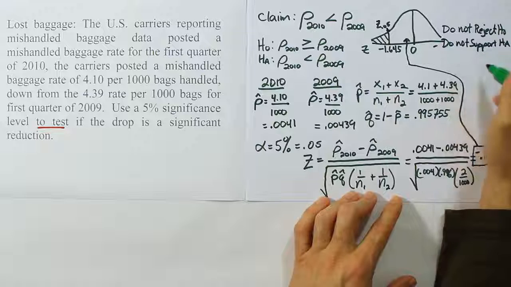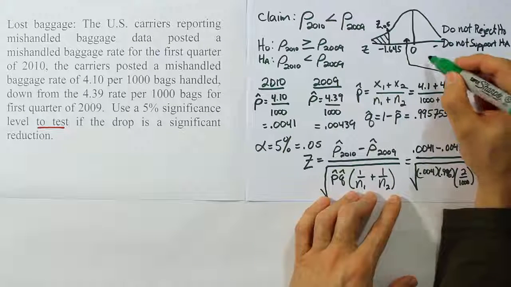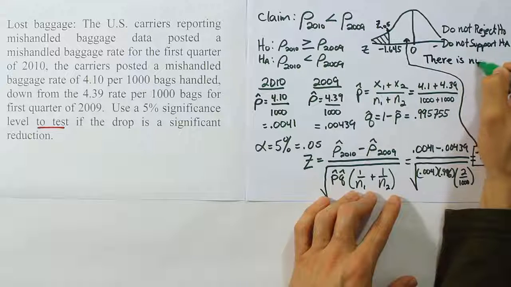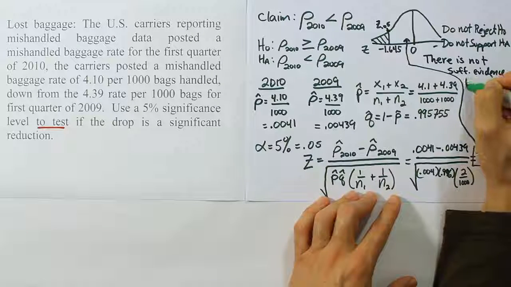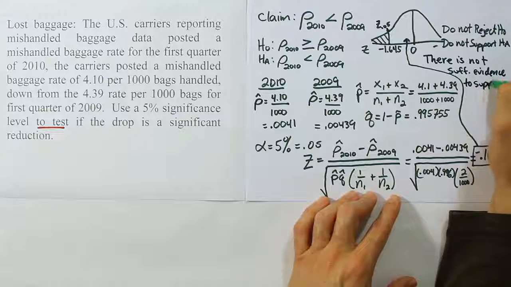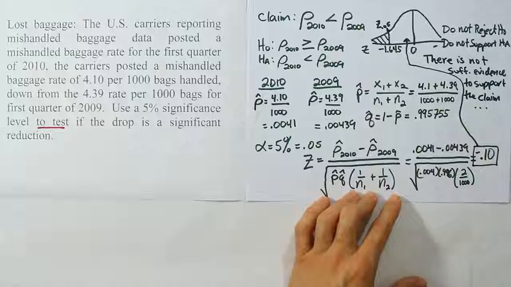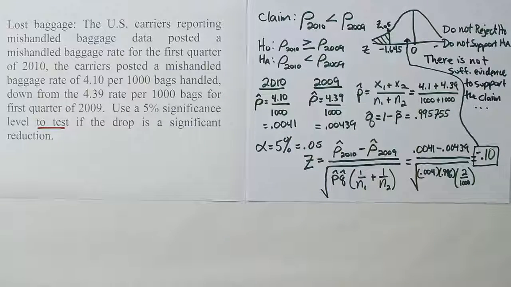So basically we can say there is not sufficient evidence to support the claim. And the claim there, of course, is that there's a significant reduction in the mishandled baggage rate for the airlines in 2010 when compared to 2009.